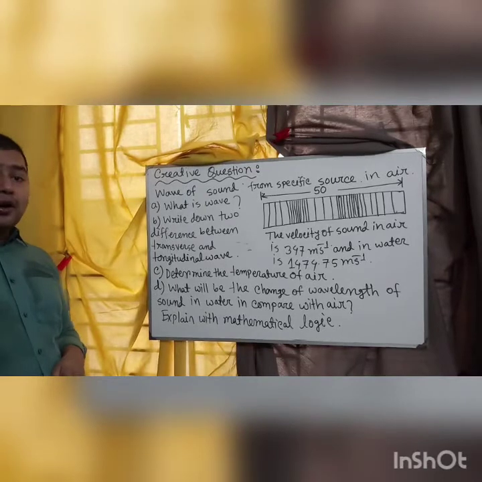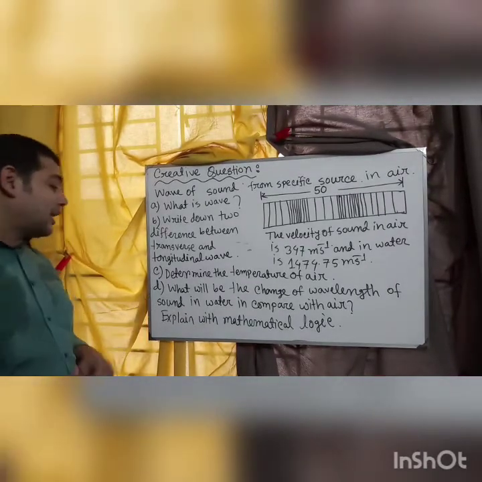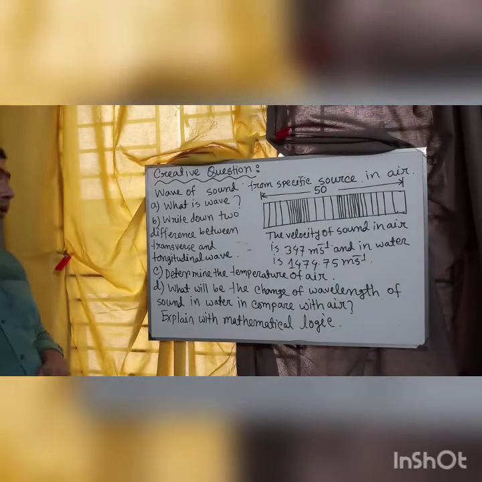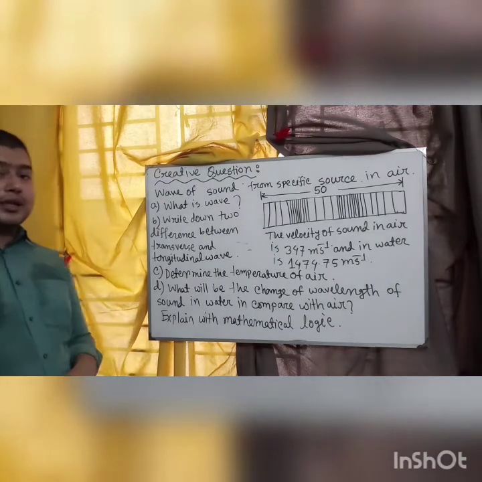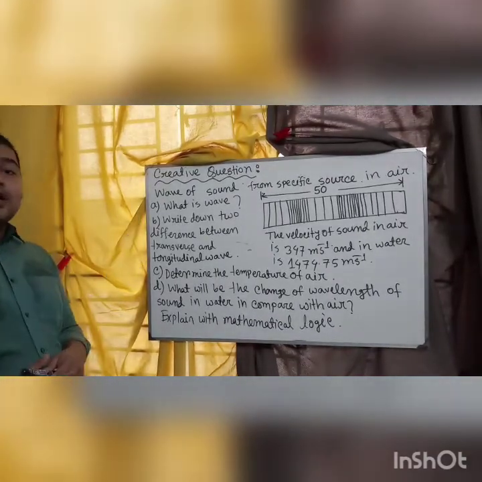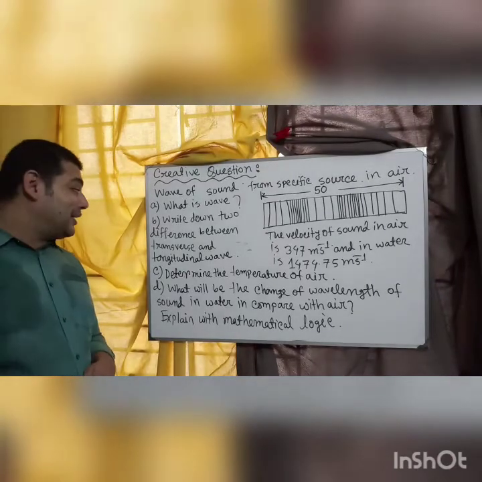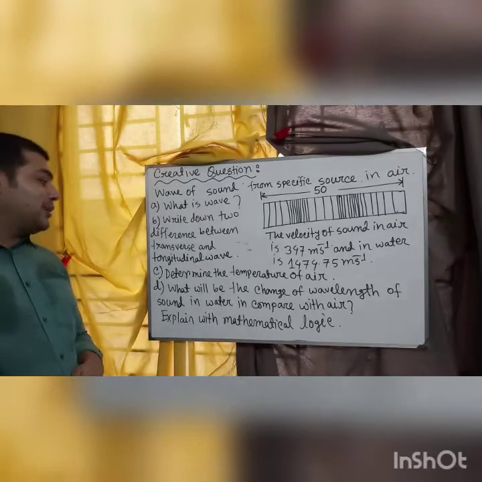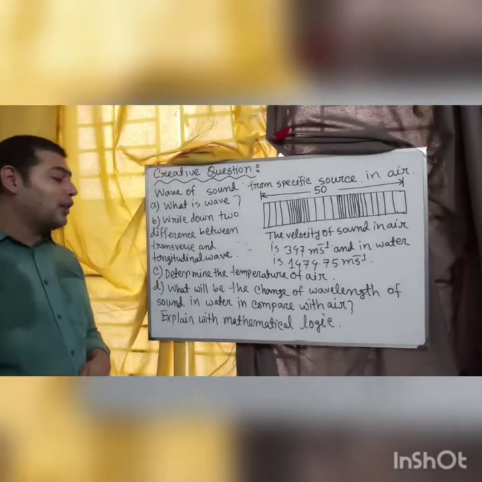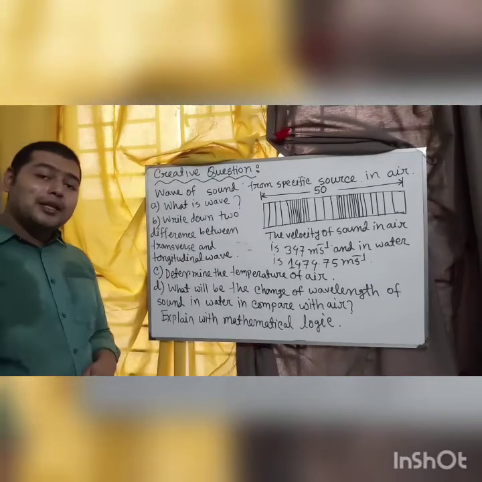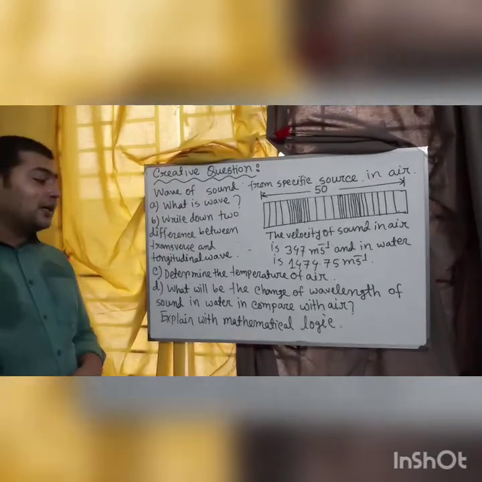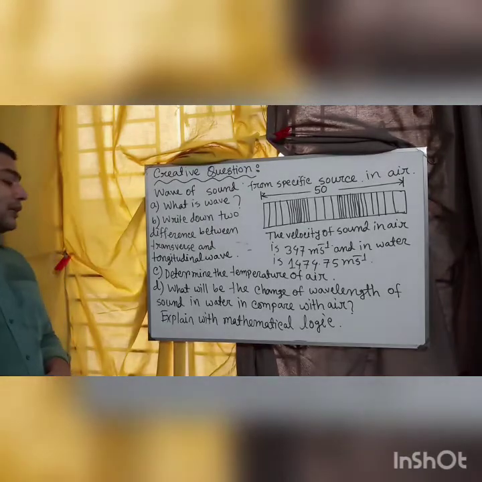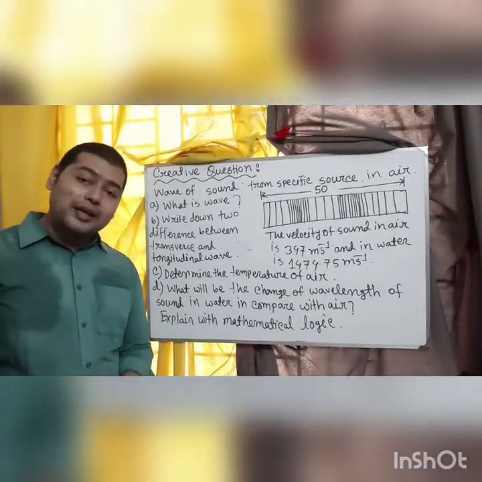Question D is: what will be the change of wavelength of sound in water in comparison with air? Explain with mathematical logic. Again, question A is what is wave. Question B is write down two differences between transverse and longitudinal wave. Question C is determine the temperature of air. And question D is what will be the change of wavelength of sound in water in comparison with air?